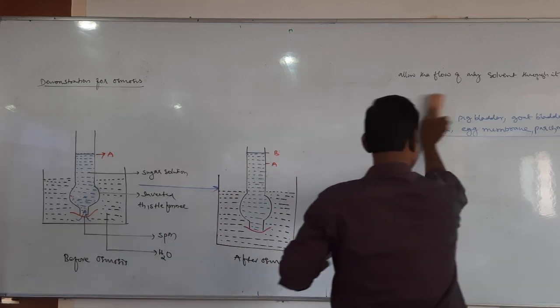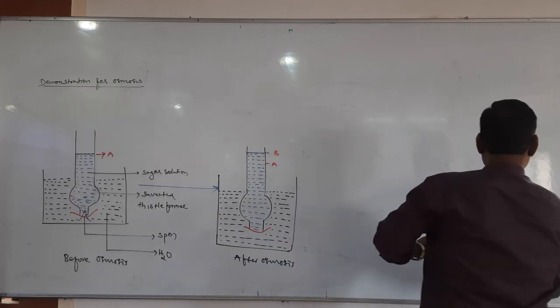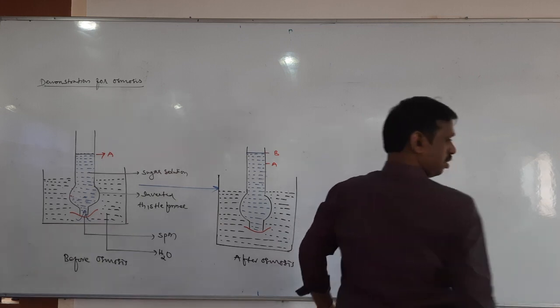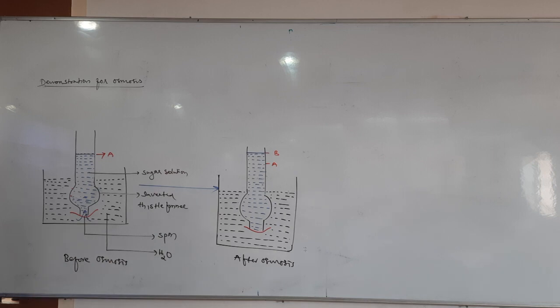The level of sugar solution in the thistle funnel increases. It shows that osmosis is taking place. Okay, do you understand? So it is a small demonstration for the osmosis.